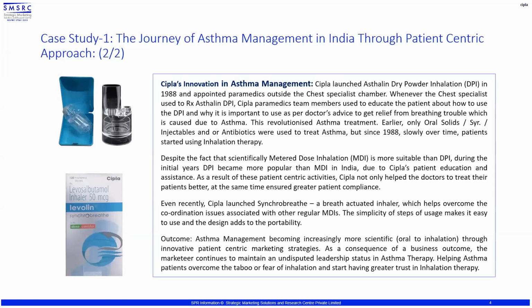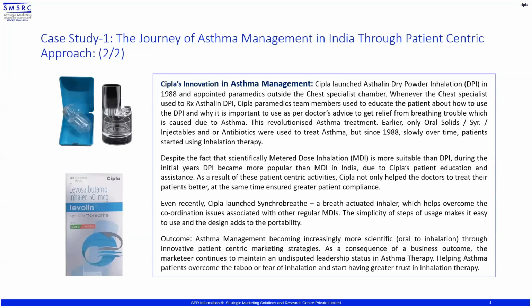As a result of these patient-centric activities, Cipla not only helped doctors treat their patients better, but at the same time ensured greater patient compliance. I'm sure those attending this session would appreciate that patient centricity started way back in the 1980s.